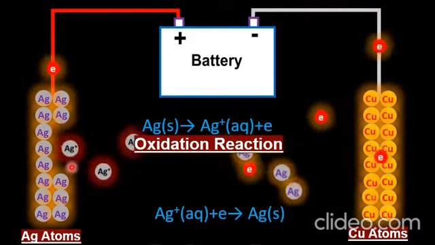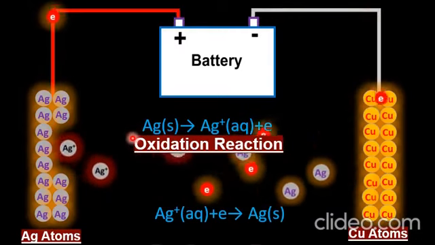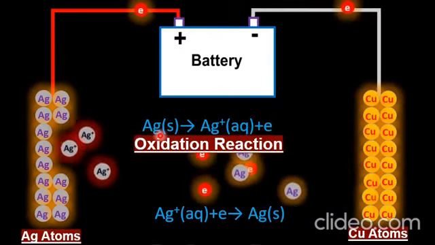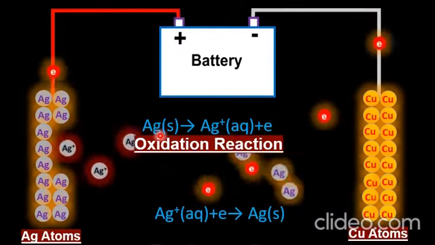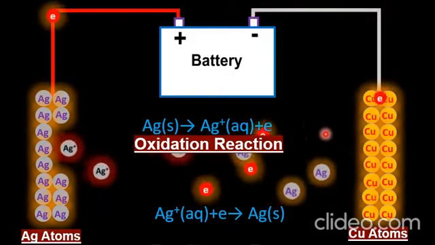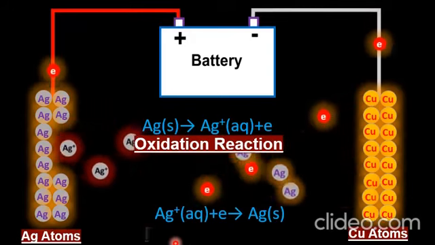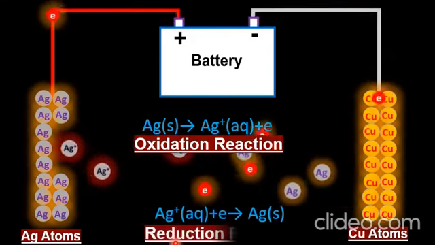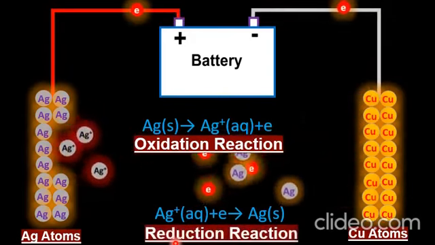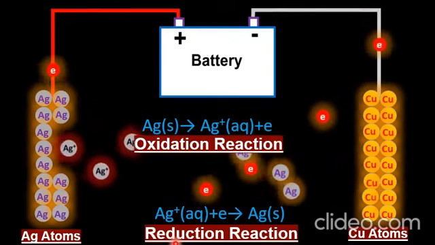Whereas on the copper plate side, silver ions are gaining electrons. The gain of electrons is a reduction reaction, so reduction will happen on the copper plate side of the electroplating cell.